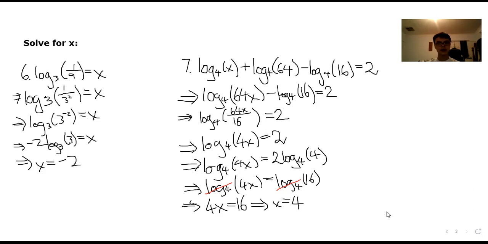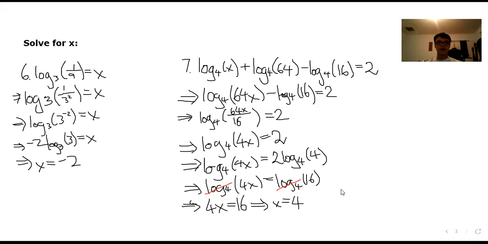And yeah, just remember that if you have the log with the same bases on both sides of the equation, then you can cancel it out, as long as you don't have different numbers on both sides. Which is why we move this 2 up as a power.